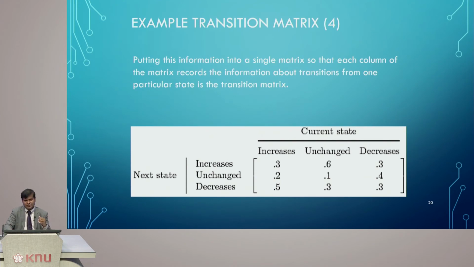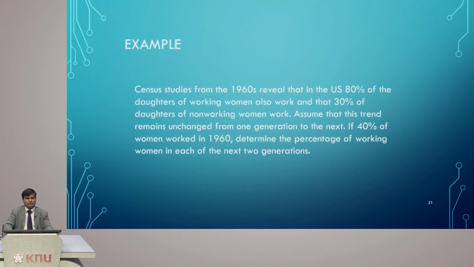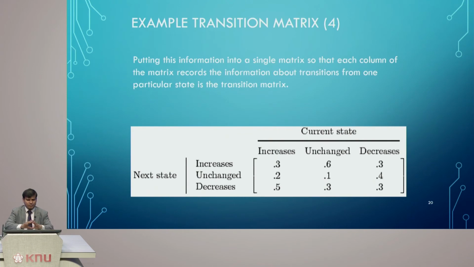Increase, decrease, unchanged are given to us, and current states and next states can be seen. Based on this observation, you can do a lot of other processing to examine what would happen in the coming days. So that is a simple example of how to represent a transition matrix.